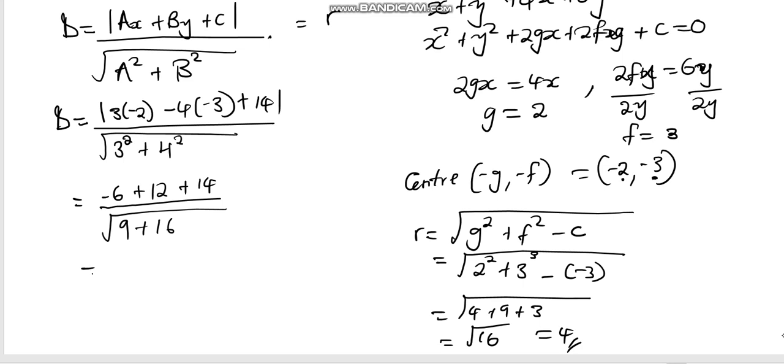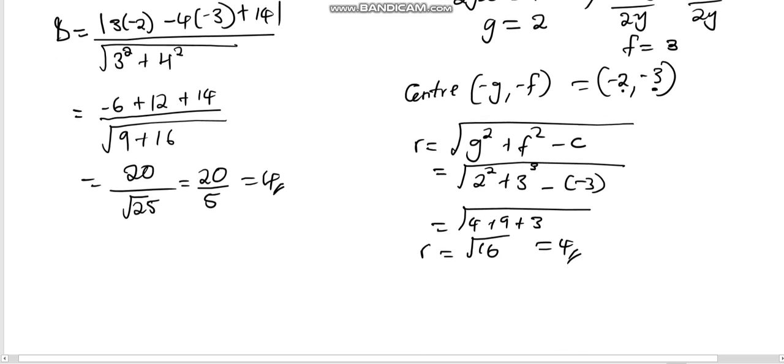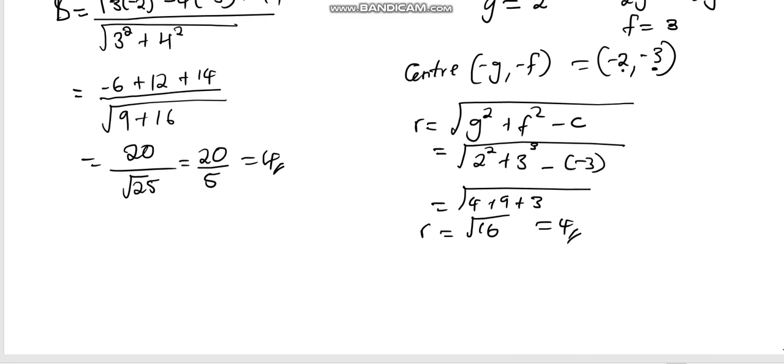On top we have negative 6 plus 12, that's 6, plus 14, that's 20, divided by the root of 25, so that's 20 divided by 5, which gives us 4. So if we check, the radius is equal to 4, and the distance from the center to the line is 4. So the conclusion is that the line 3x minus 4y plus 14 is tangent to the circle.